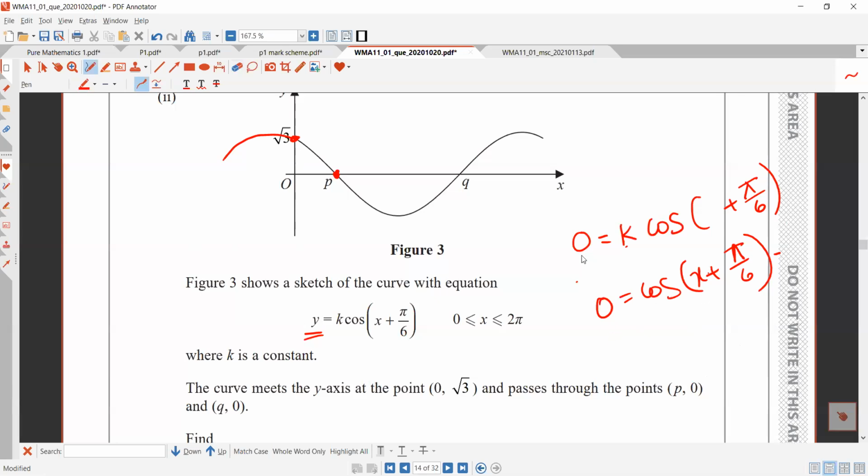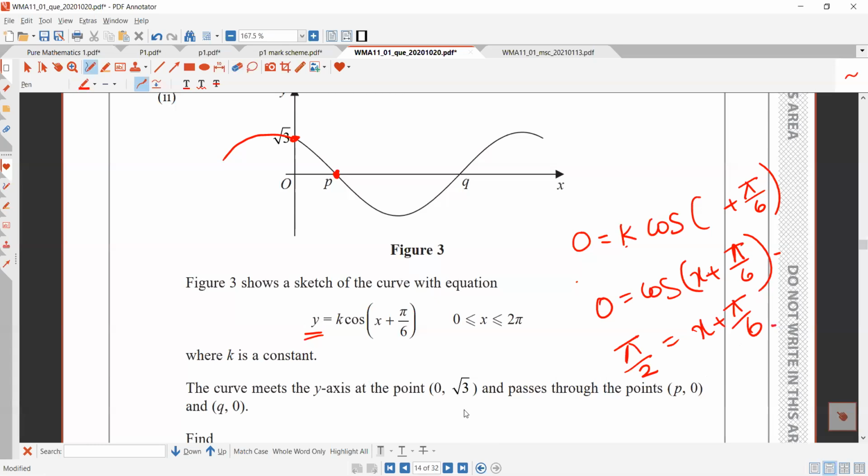Tell me what is cos inverse of 0 you guys are getting. But it should be in radian. Your calculator should be in radian. Yes, this is pi by 2, x plus pi by 6.